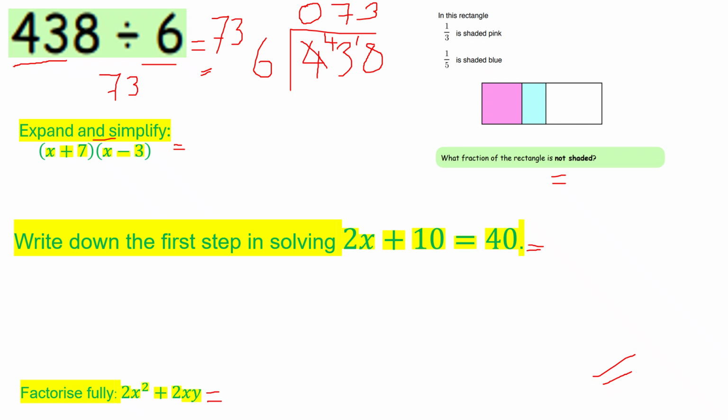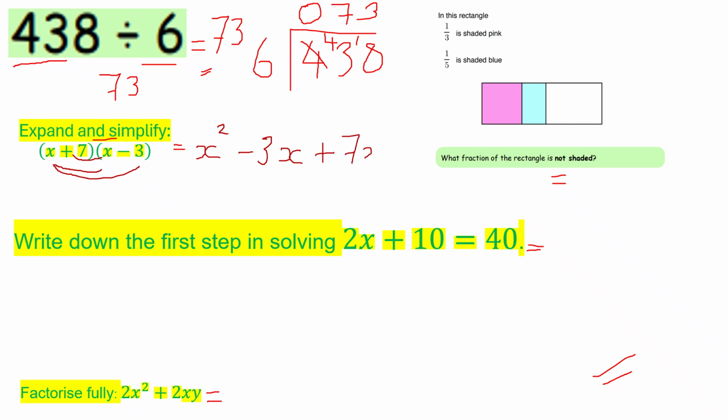Next up, expand and simplify (x + 7)(x - 3). So expanding double brackets, I'm going to adopt the FOIL method or the arrow method. We do x times x, and we get x squared, guys, and not 2x. Be careful. x times minus 3 is minus 3x. Plus 7 times the x makes plus 7x.